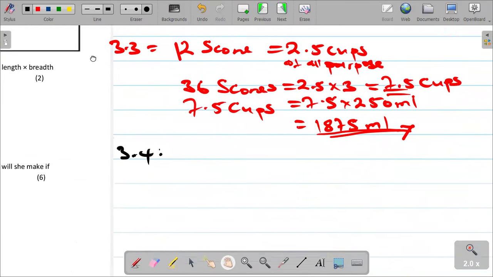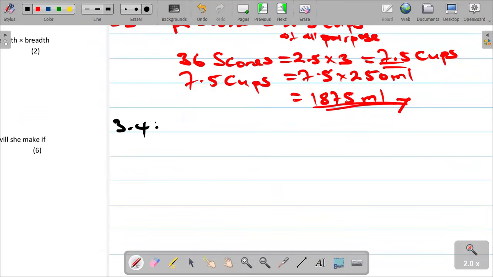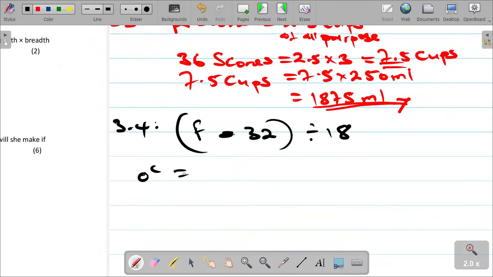Our F, the temperature, is 356 that we are given. So 356 minus 32, divided by 1.8.